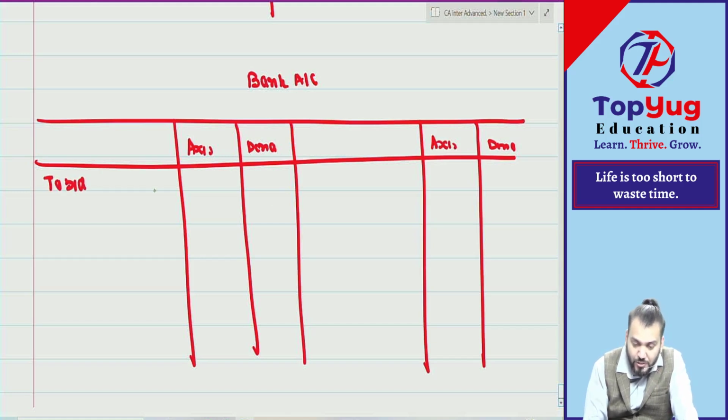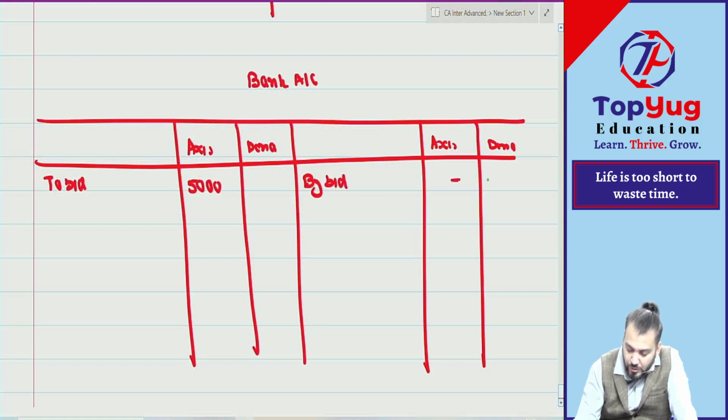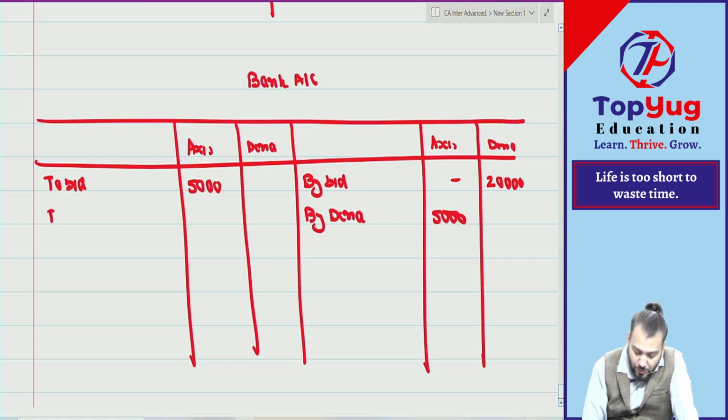Debit balance, 5,000. And Dena has credit balance, 20,000. One thing is clear that this account will be closed. So we write down by Dena, 5,000, and to Axis 5,000.